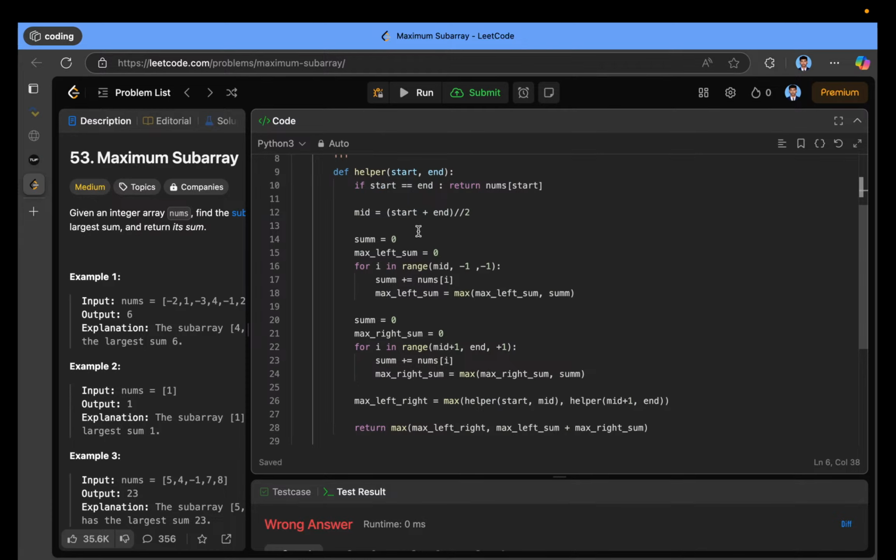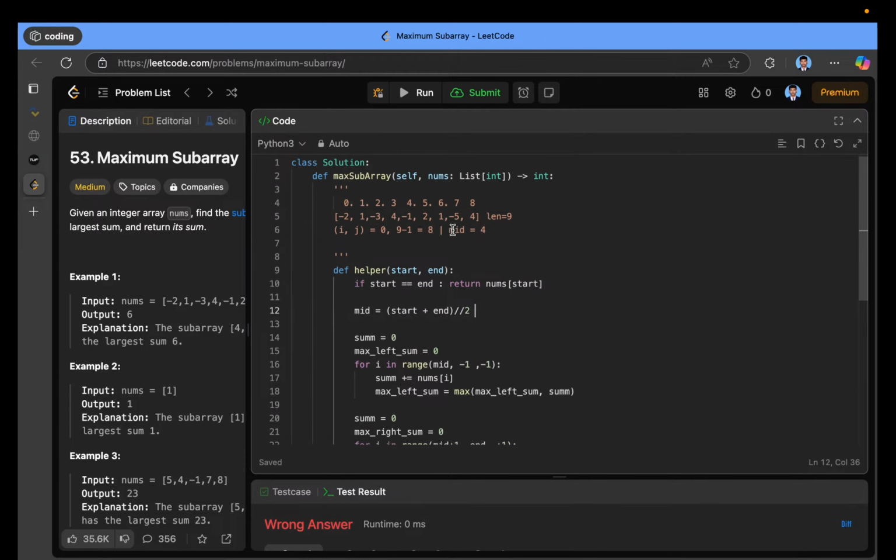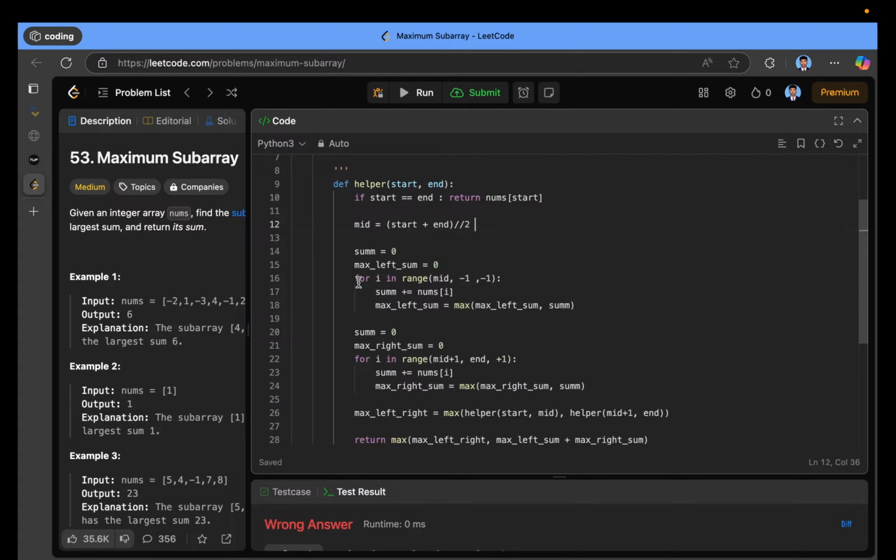Then mid, start, end. Mid I have already taken as 4. Then for i from mid minus 1. The whole code is right, but I don't know how to dry run this because there is a loop here and one more loop here.